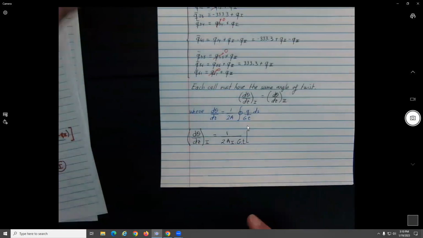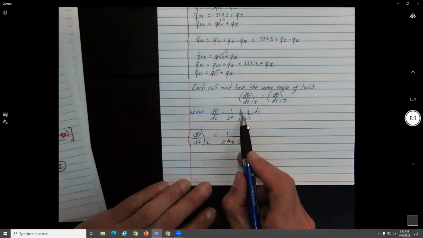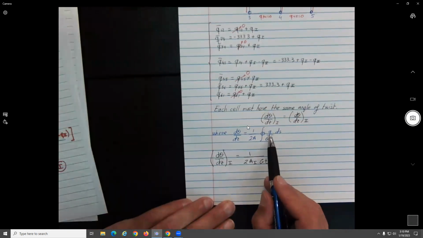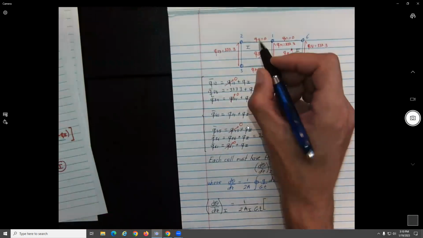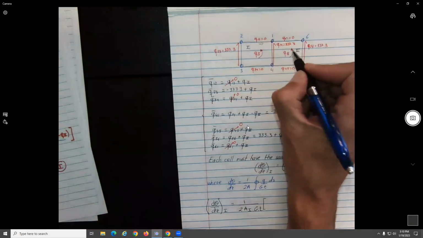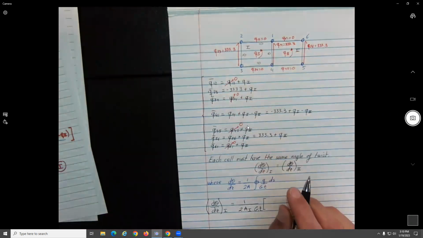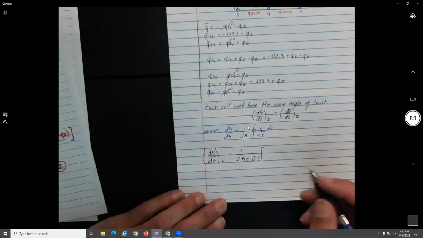Same fixed thickness. So now basically what I need to do is to go around the structure, this cell, looking at the Q times ds. What is the distance for each one of these cells? 10, 10, 10, and 10, no? So if you want, I can factor out the 10 at the end.